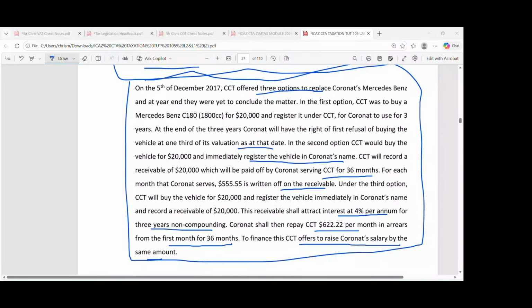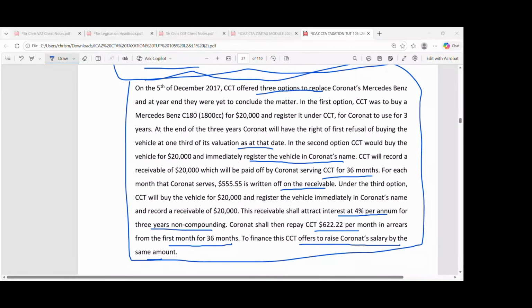That loss can only be claimed if it was a forced disposal, like a motor accident. If it was a free will disposal, like in our circumstance, where we agreed to sell it to Colonat, we can't claim a scrapping allowance.